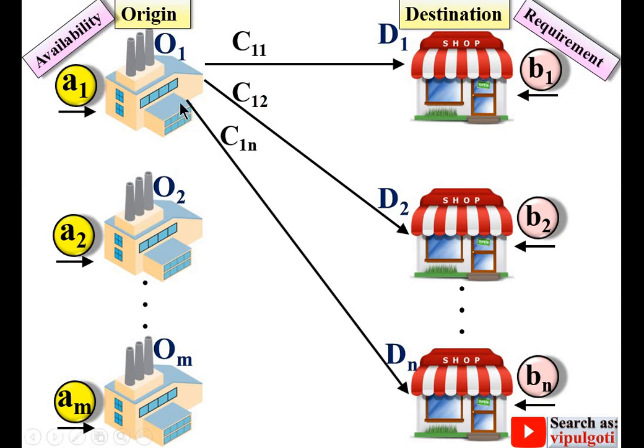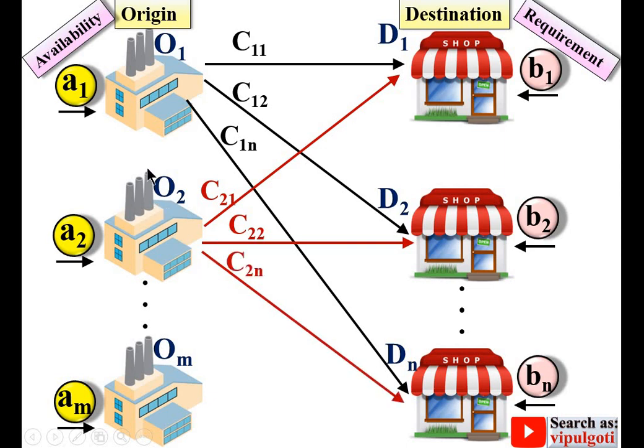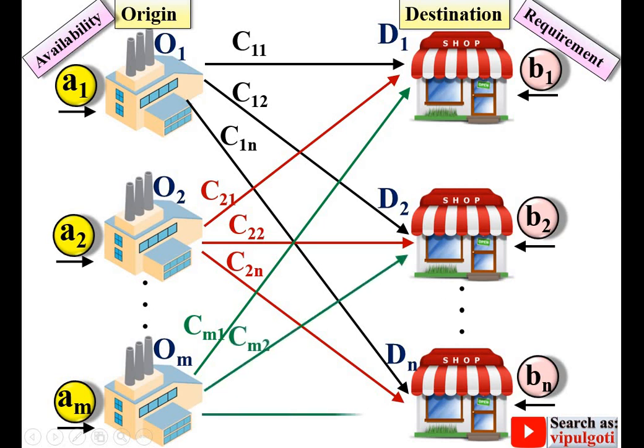Similarly, the transportation cost from O1 to Dn is C1n. Now, C21 is the cost from O2 to D1. Similarly, C22 is the cost from O2 to D2, and C2n is the cost from O2 to Dn. Similarly, it is OM to D1, OM to D2, and at last OM to Dn.